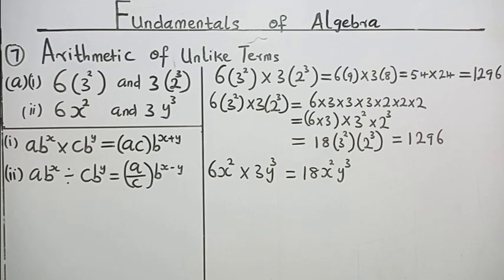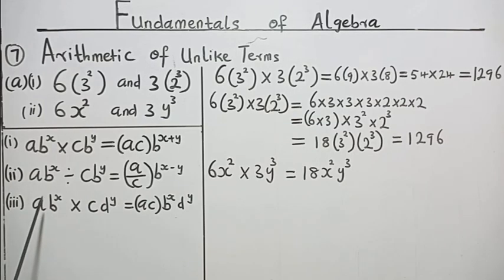What then will you say is the law for multiplying unlike terms that differ both in symbol and power? Let me use this space to write that conclusion. And here comes the conclusion. AB to the power x times CD to the power y.